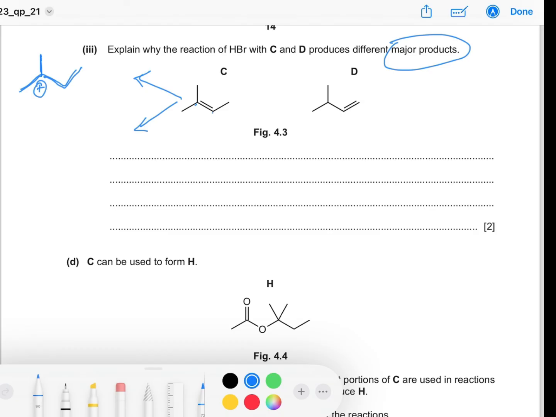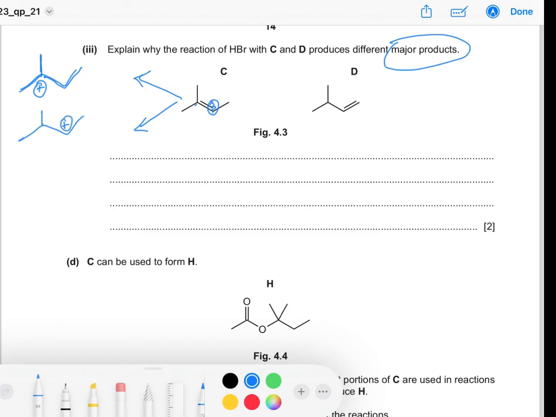On the other hand, if the bromine were to bond to the third carbon atom from C, then you'll have the positive charge on the third carbon atom.